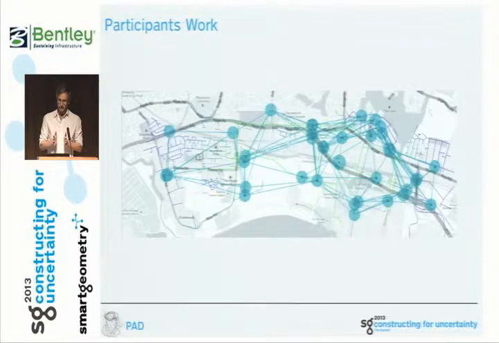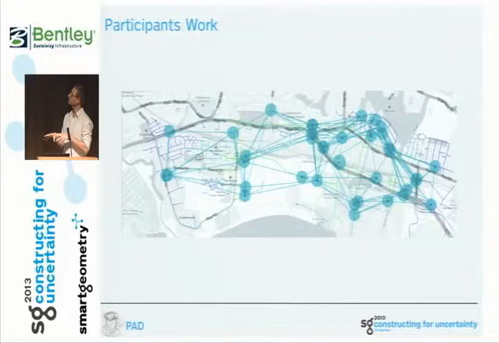This is Susan Verma's work, another participant, looking at street networks, first just general connections, much in the line of thought from the previous talk here, volatile territories.